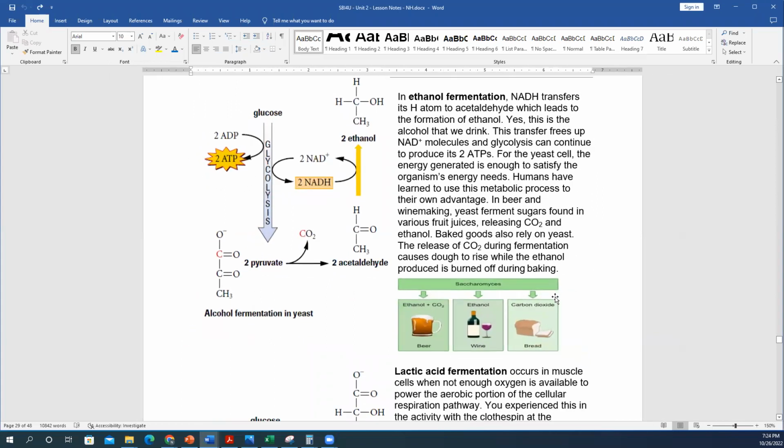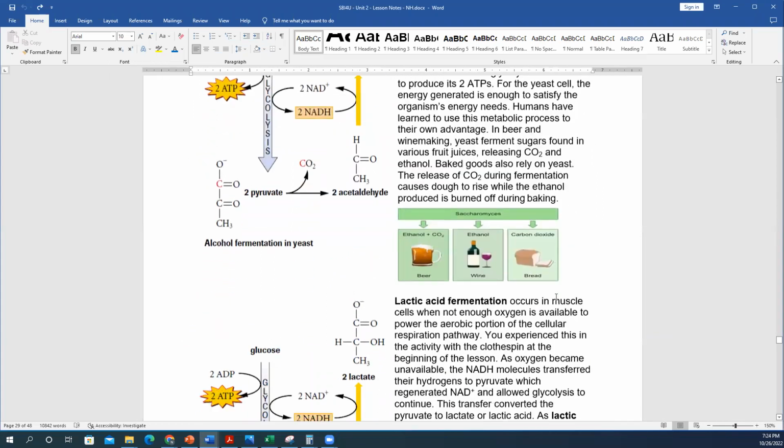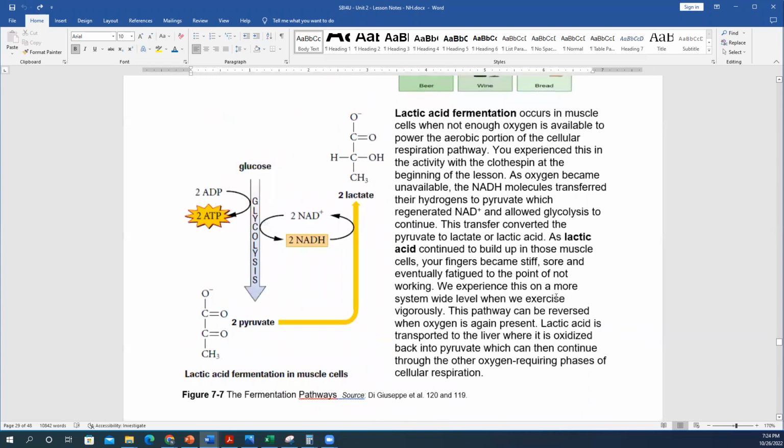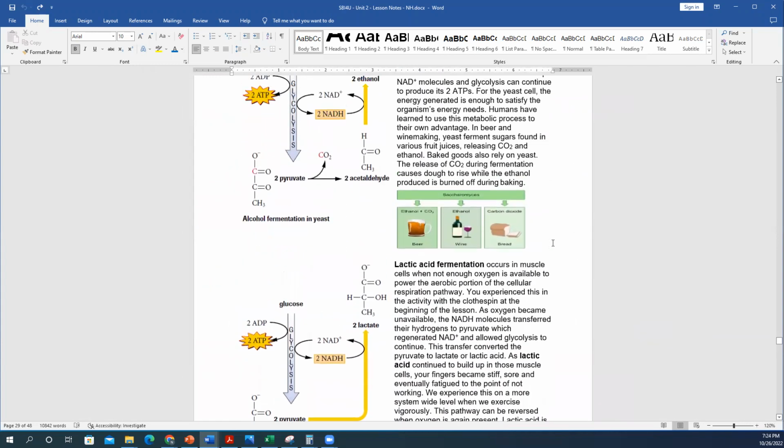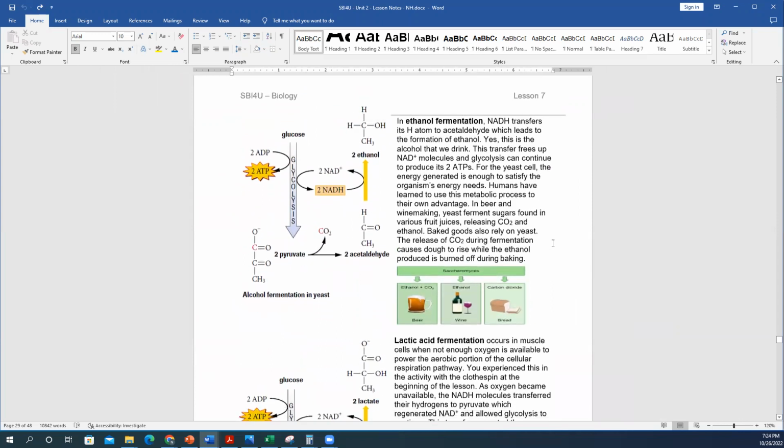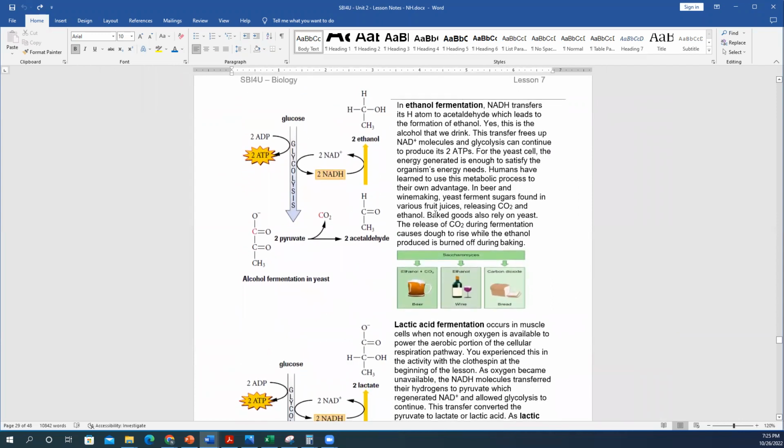We talked a little bit about alcohol fermentation and lactic acid fermentation, and how in the absence of oxygen, when there's not enough oxygen, these are processes that are available to create at least some amount of energy.